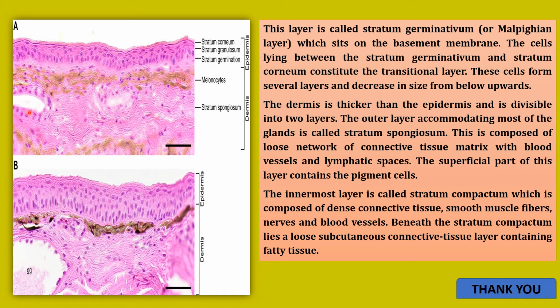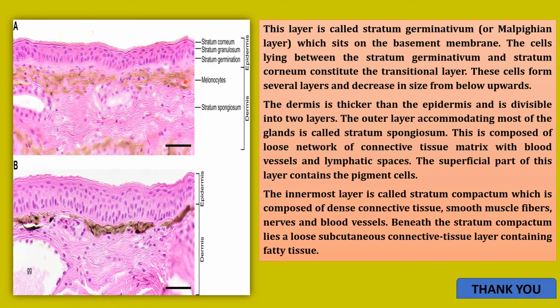What is the full form of RBC? Red blood cell. And WBC is white blood cell. So lymph is a colorless fluid which contains WBC, or white blood cells. Hope you have understood about these lymphatic spaces. Now the superficial part of this layer contains the pigment cells.